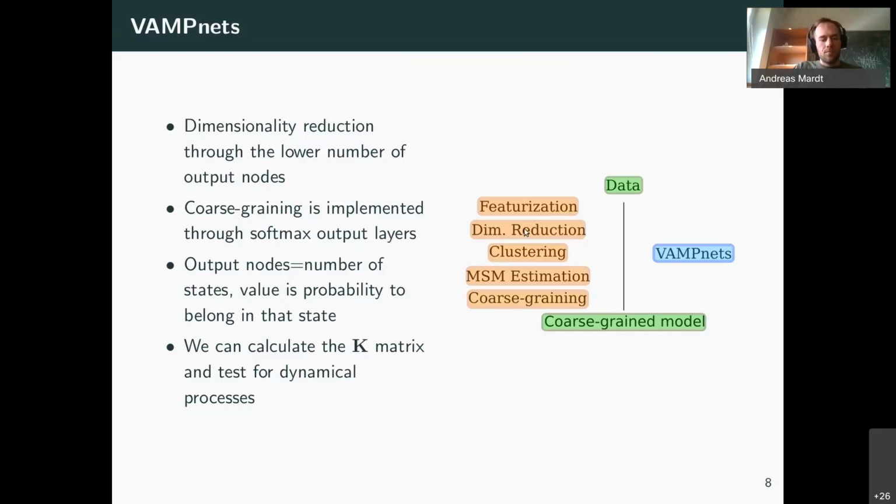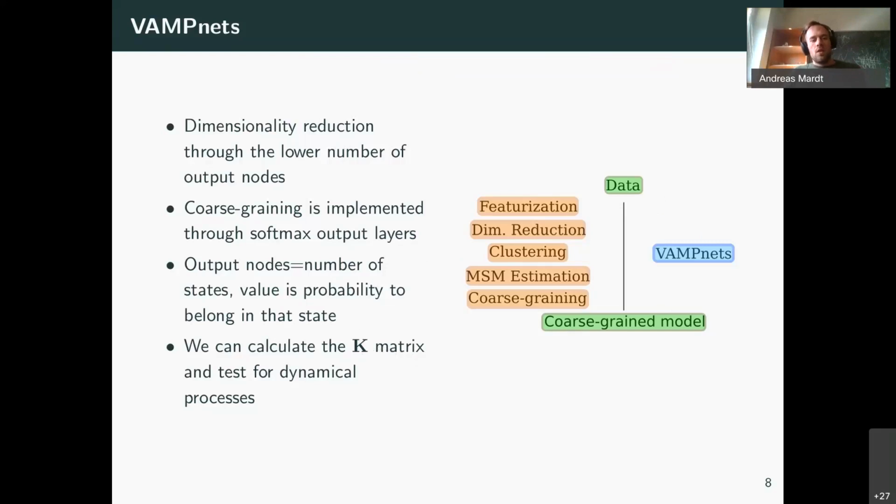Okay. And in the end, these VAMPNets can be constructed so that they give you somewhat like a coarse-grained model, and there we can calculate something like a transition matrix, which is now called K, like the Koopman matrix, and we can estimate timescales there as well, and the eigenfunctions.